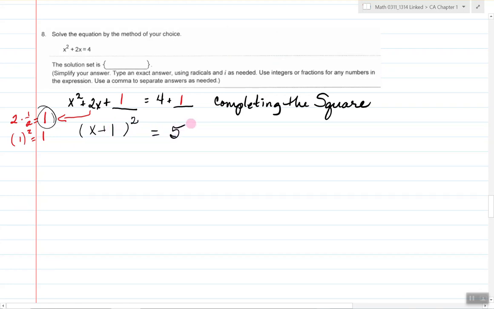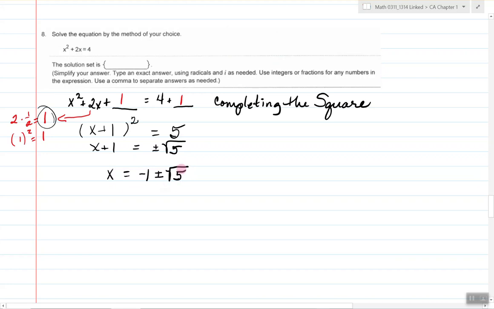Now, although I'm using completing the square, I'm using the square root property. So x plus 1 is equal to plus or minus the square root of 5. Subtract the 1, and I get x is equal to negative 1 plus or minus the square root of 5.